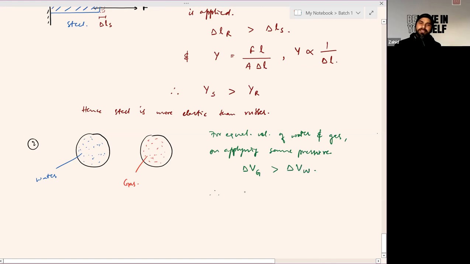Therefore, beta in water will be more as compared to gas. Hence, water will be more elastic. So on the basis of this, we can define the elasticity of any different pair. Okay.